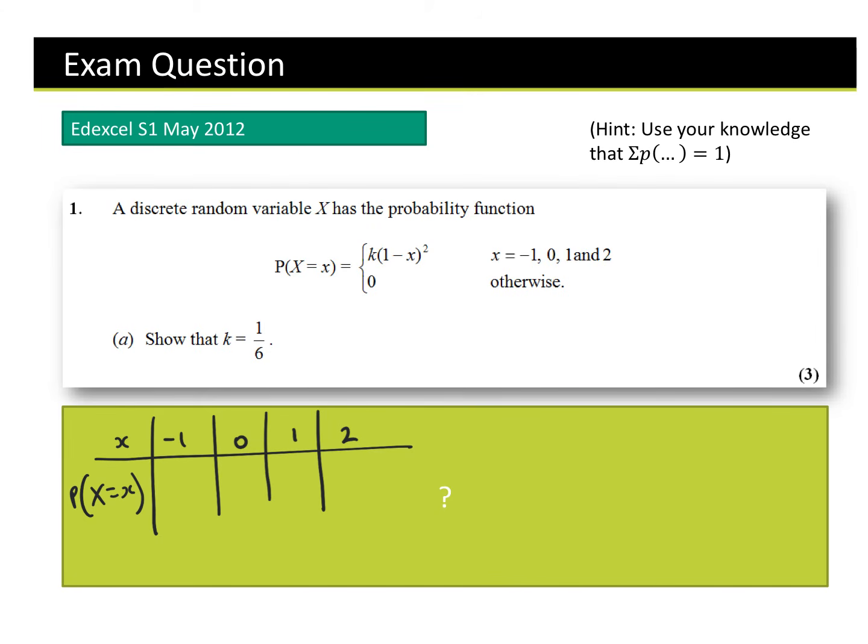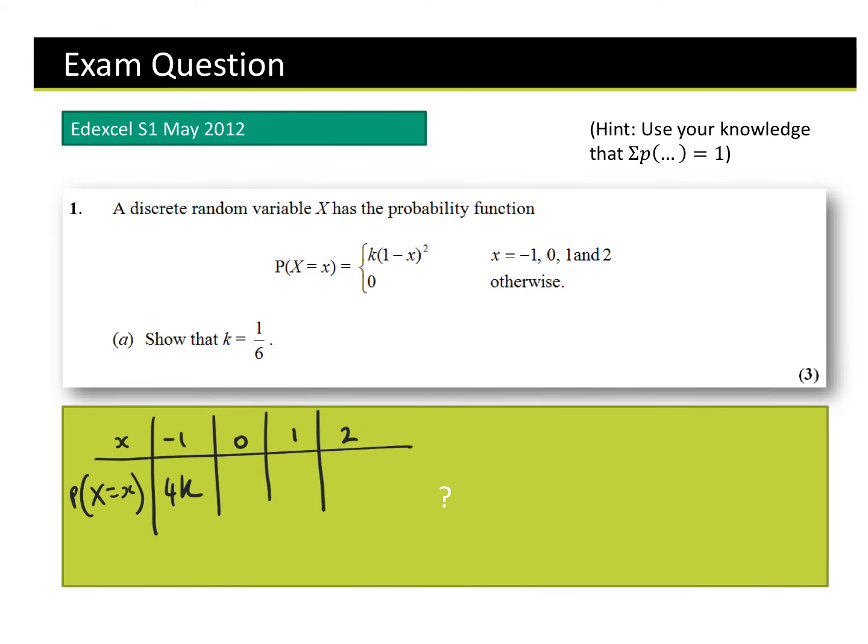If I substitute in -1, I'm going to have 1 minus -1, which is 2, squared, which is 4, multiplied by k. This is 4k.